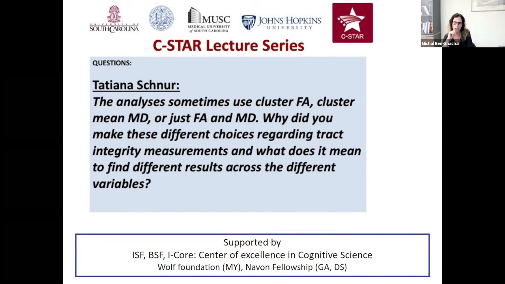What I would say is generally our approach has been, I mean, it might have sounded like we're just fishing all over, which is not what we're doing. Generally, our approach is we go along the pathway, we correct for multiple comparisons along the pathway. If we find a significant cluster, we extract the data, anisotropy or mean diffusivity, from that, and we show the association in a scatter plot.